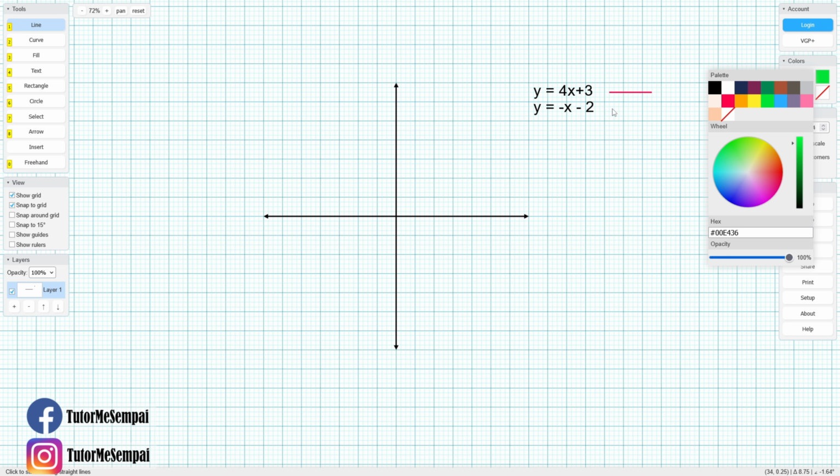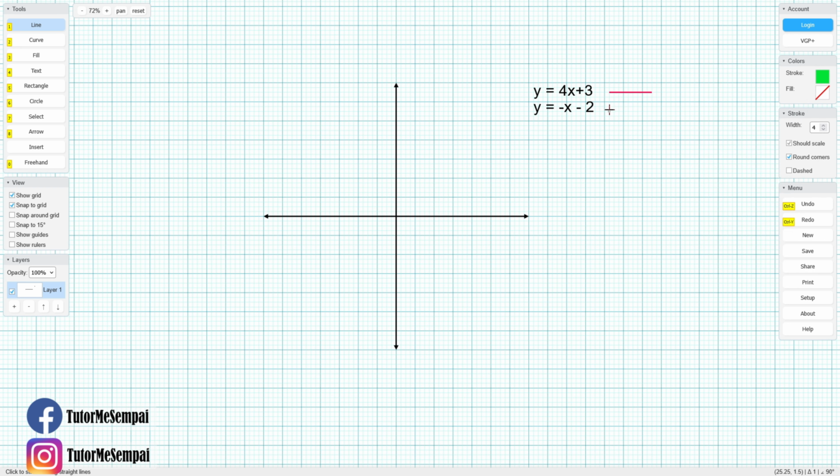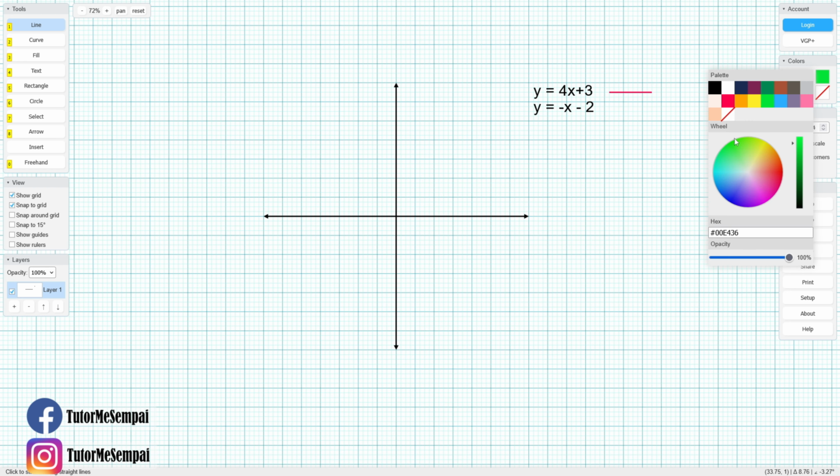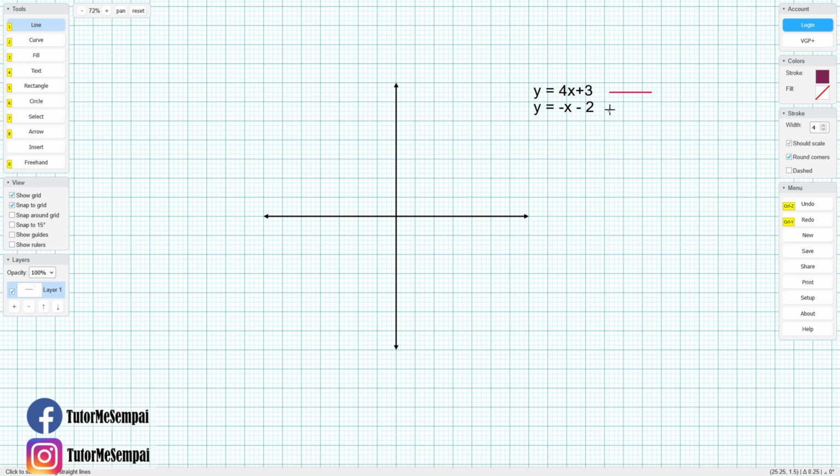How does green look? Maybe not green. Let's try a burgundy. How does that burgundy look? Sure, we'll go with that. So our top equation is going to be this 4x plus 3, and our bottom equation is going to be this negative x minus 2. And those are going to be the legend, our colors assigned to those equations.